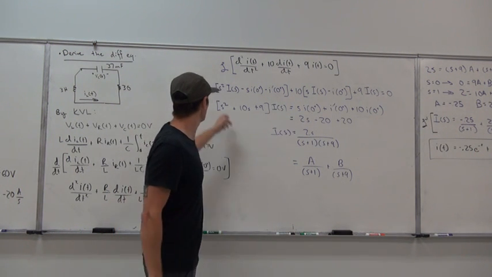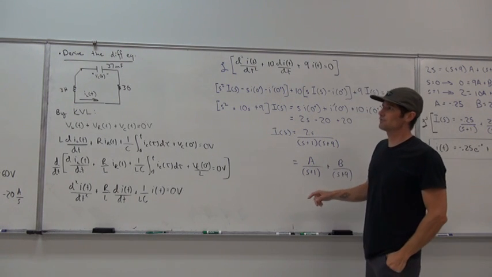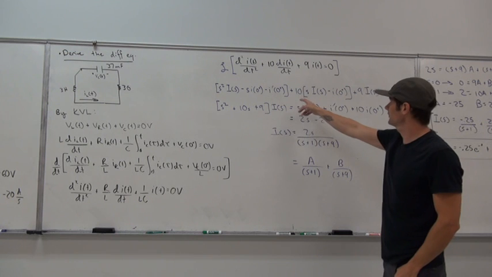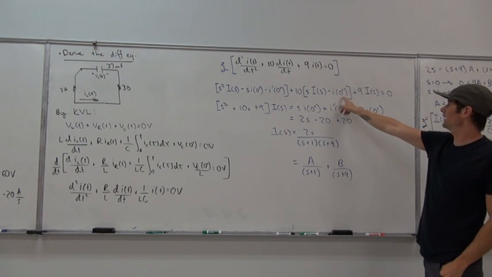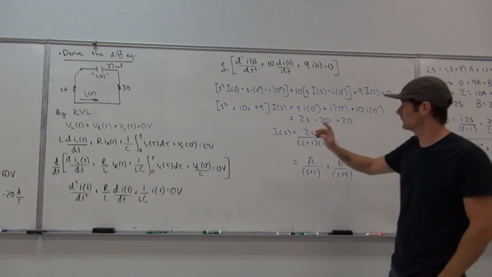Frequency domain. So s squared I of s minus s times I of 0+ minus I prime of 0+, plus 10 times s times I of s minus I of 0+, plus 9 times I of s, and that's equal to 0.